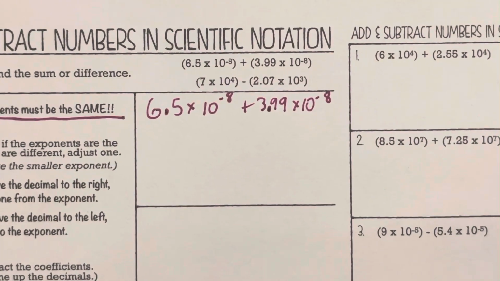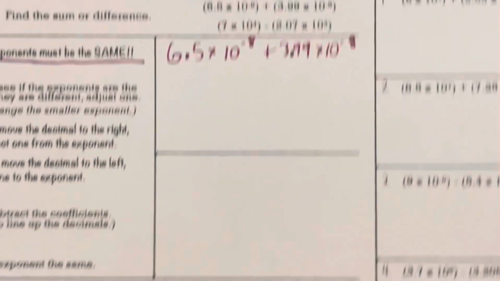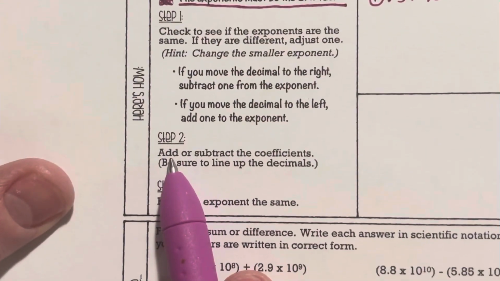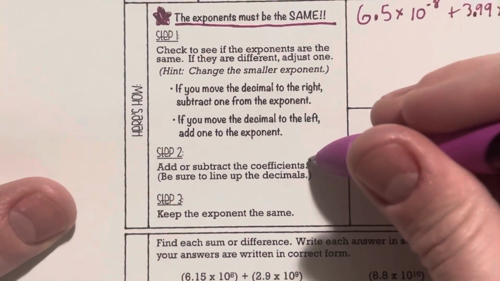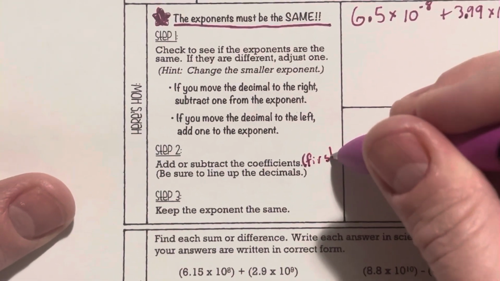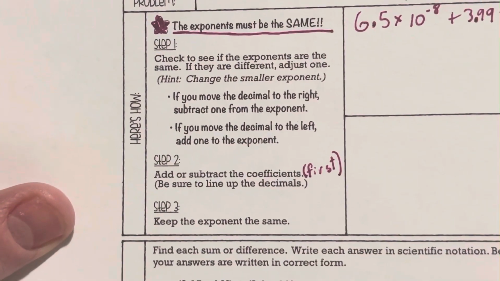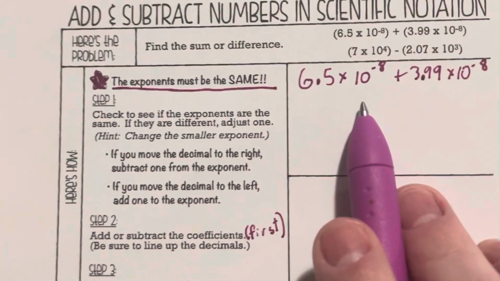So now we can move on to our next step, which says that we can go ahead and add or subtract the coefficients, right? Remember, that's our vocabulary word, and it means the first number or the first part of scientific notation.